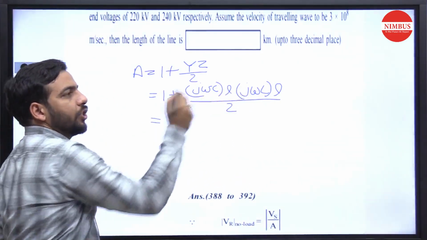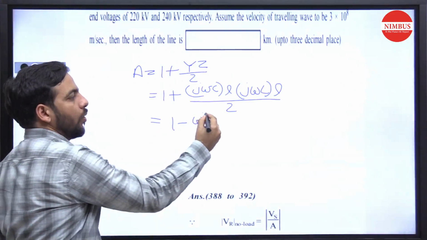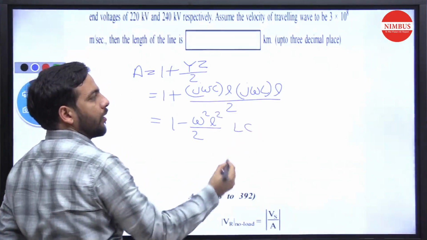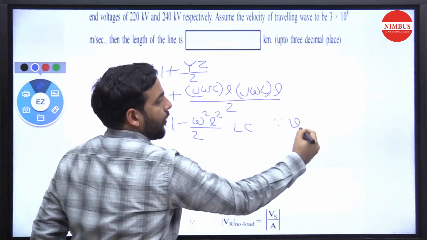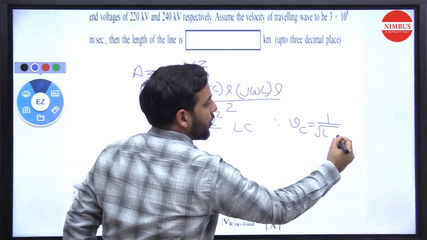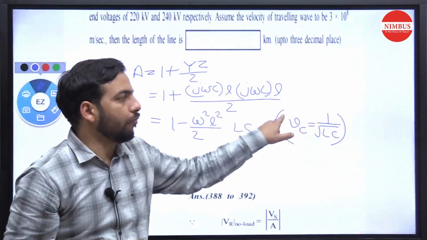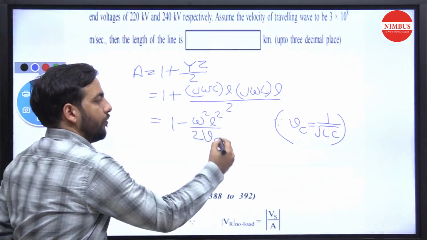It is j and j, that is minus 1. J square is minus 1, so it will be 1 minus omega square L square upon 2, times LC. Capital L and capital C, as we know the velocity of propagation is 1 upon under root LC. So from here, this LC can be replaced by 1 upon Vc square.